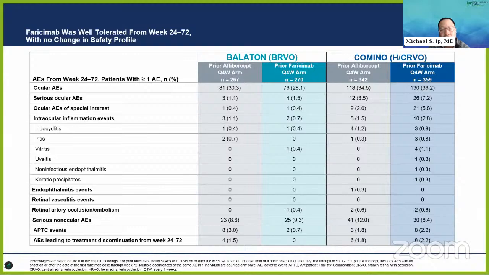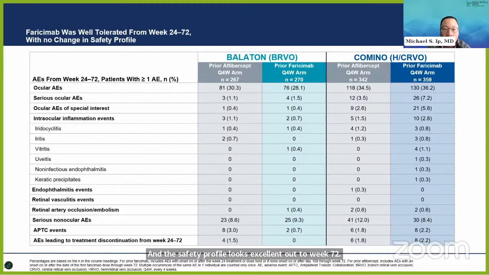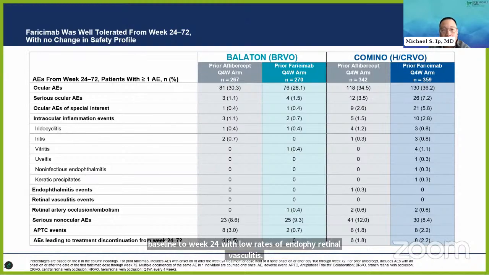And the safety profile looks excellent out to week 72. The safety results from baseline to week 24 have been shown previously, but these results here between week 24 and 72 are relatively newer data, and we don't see any difference in the adverse effect profile compared with what was seen from baseline to week 24, with low rates of endophthalmitis, retinal vasculitis, and retinal artery occlusion or embolism.